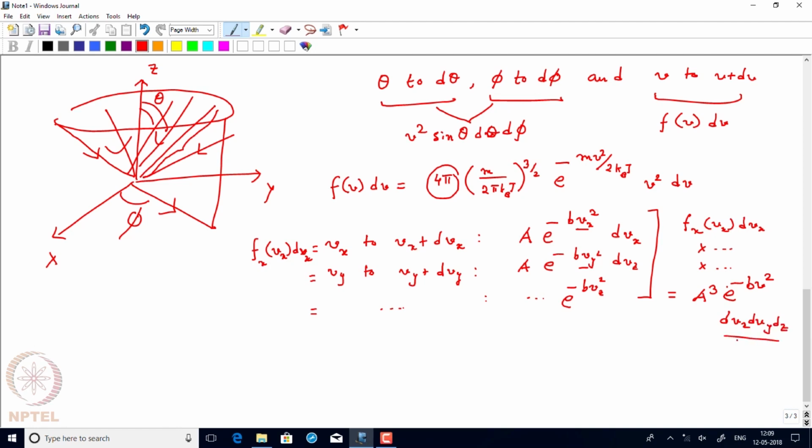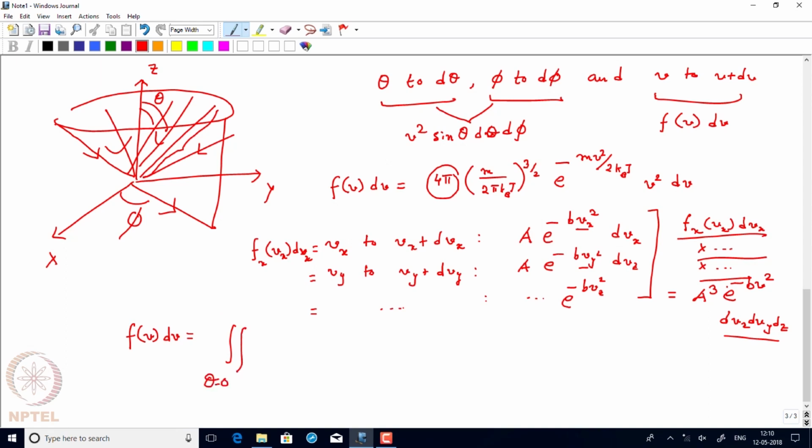In the next step you integrate this volume element, in the sense that all you want to calculate is a speed distribution independent of the direction. You calculate that from this quantity by integrating over all the spherical polar angles in the velocity space. Now we are doing a trick here. Let me write what was done.